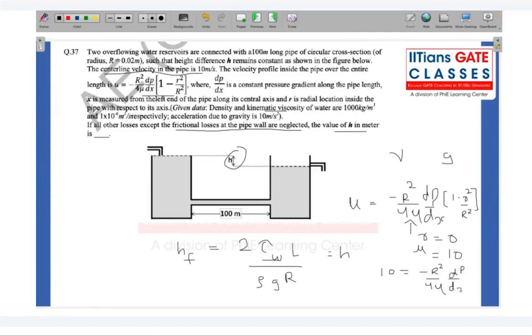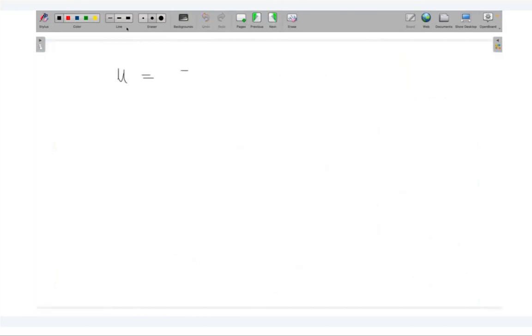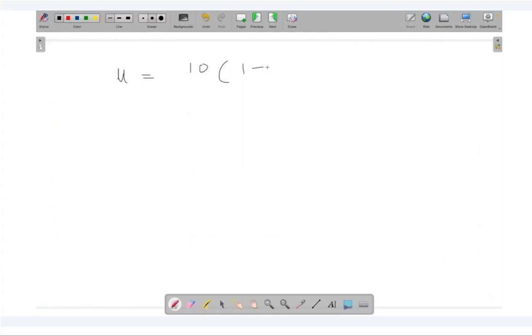So I can replace minus R square by 4 mu dP by dx with 10, and my velocity u will look like 10 into 1 minus small r square by capital R square.